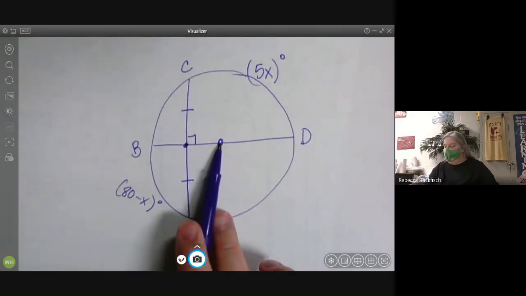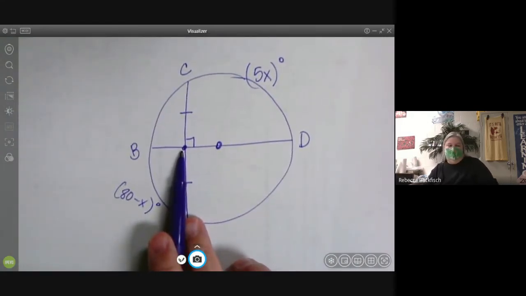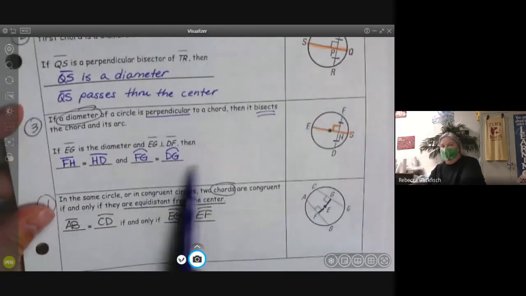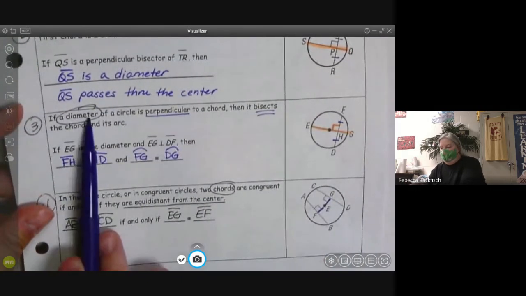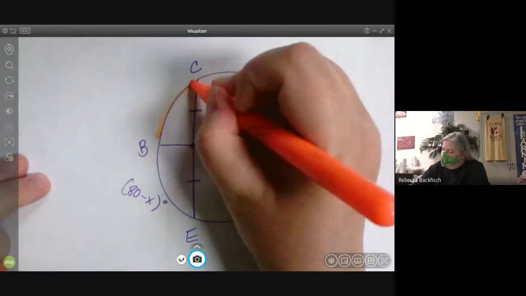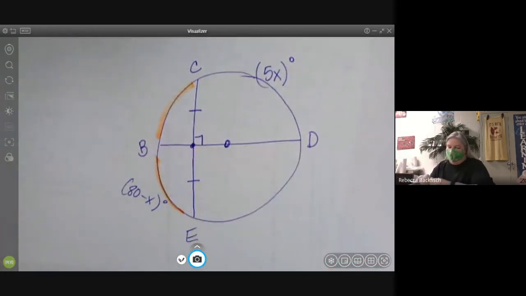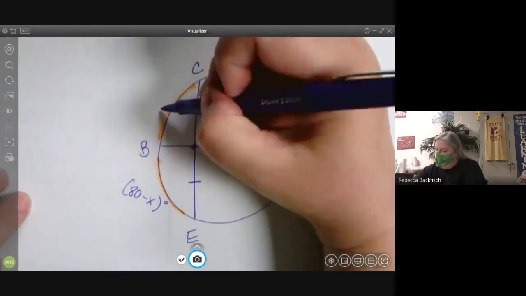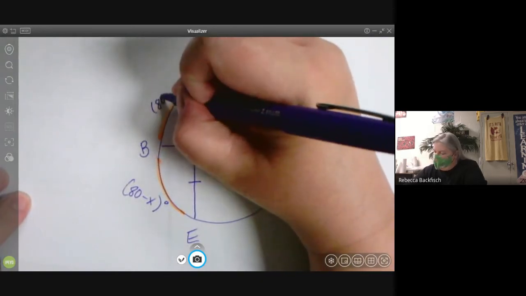Knowing that this is a diameter and it's a right angle, that's that third property here, tells me that. Diameter and perpendicular. Now, that also tells me this arc and this arc are the same. So this arc up here must also be 80 minus x.